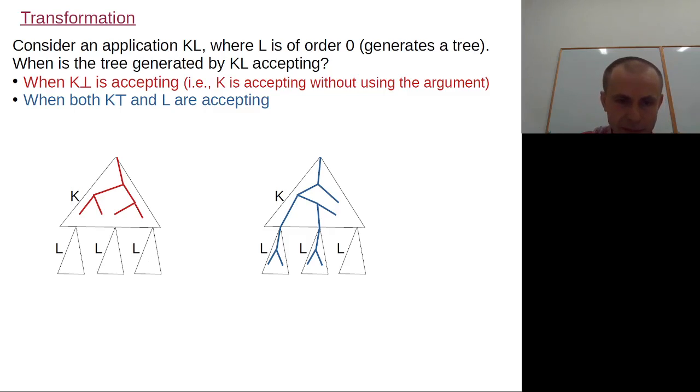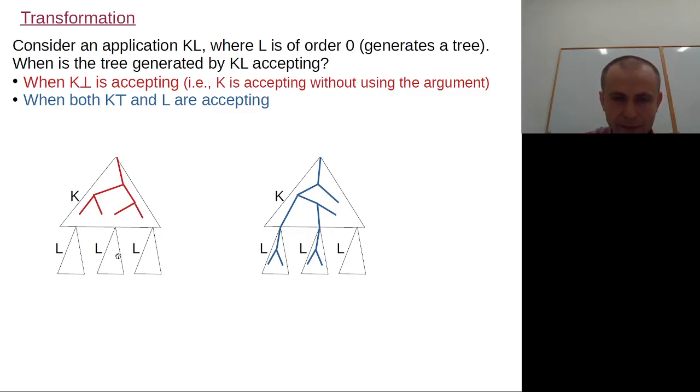And how can such a tree be accepted? There are two ways. The red way on the left is that already in this part generated by K, we can find a witness for acceptance without looking inside L at all.